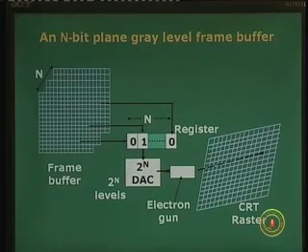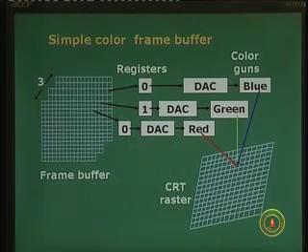What about color? When we talk about color, we go to the next slide. A simple color frame buffer can be done with n equal to 3. We talked about this in the last class, that to implement color, we can't do this with a single gun. We need 3 separate guns for the 3 fundamental colors. We are talking of an RGB representation of a colored image.